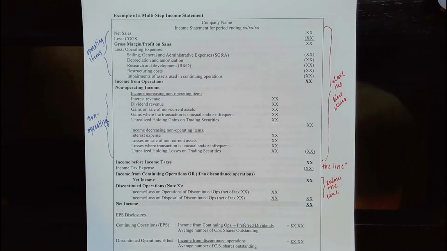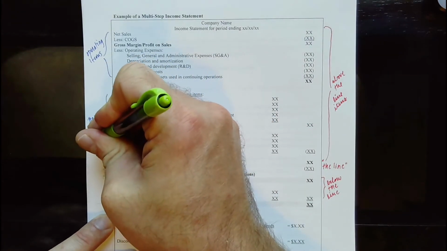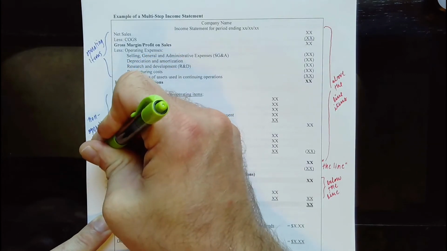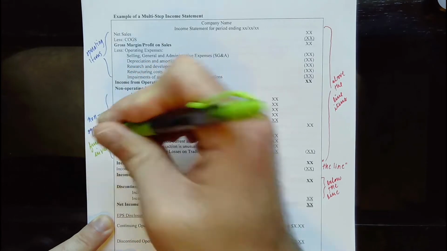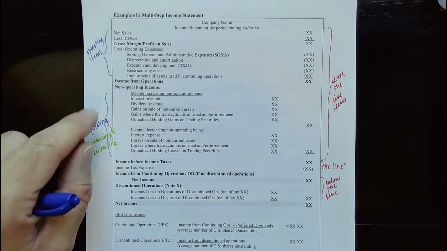Those are our activities that we undertake regularly to generate profits. Our non-operating items are things that are outside of company operations. So this could include some items that are related to financing and investing activities. That's going to be a lot of what you see down here. You're also going to see some items that are just transient or not recurring items put here.